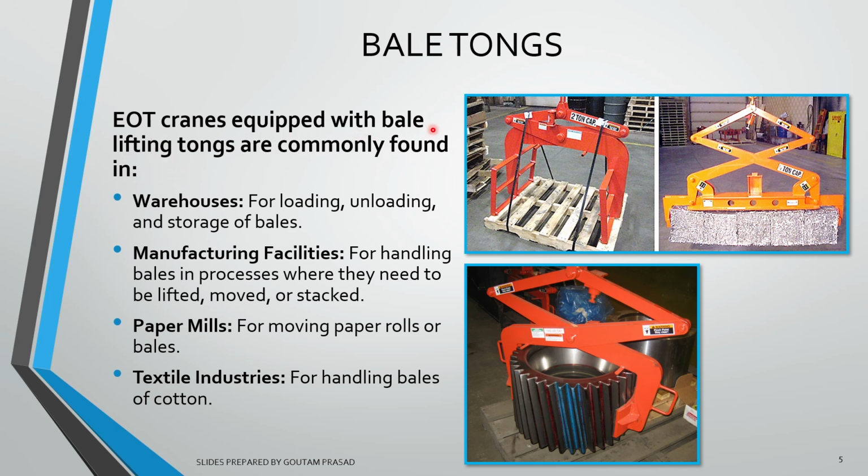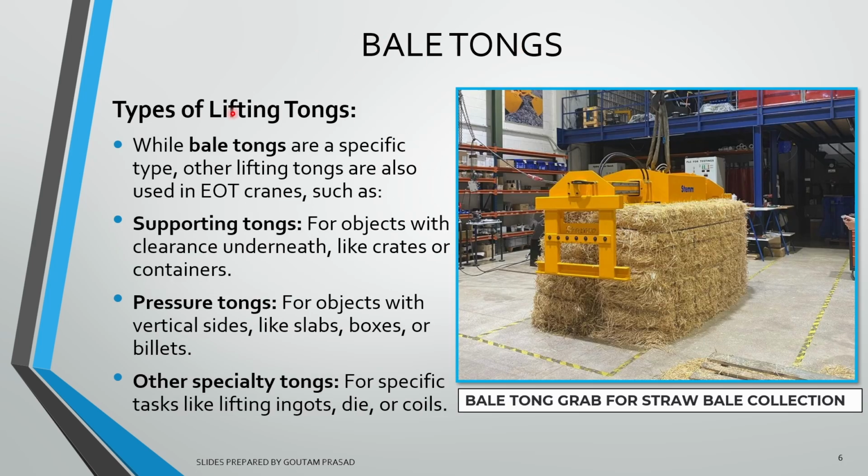EOT cranes are equipped with bale lifting tongs commonly found in warehouses for loading and unloading of the storage of bales, manufacturing facilities for handling bales in the process where they need to be lifted, moved, or stacked, in the paper mills for moving paper rolls or bales, textile mills or textile industries for handling bales of cotton.